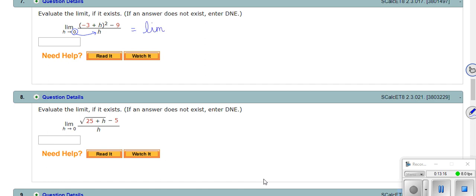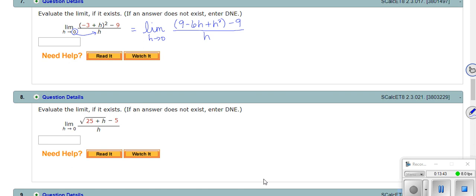Again, the limit as h approaches 0. If I multiply out -3 plus h times -3 plus h, I am going to get 9 minus 6h plus h squared, and then I've got the -9 up here, all over h. Are we okay with that? All I did was expand out the binomial -3 plus h that was squared.